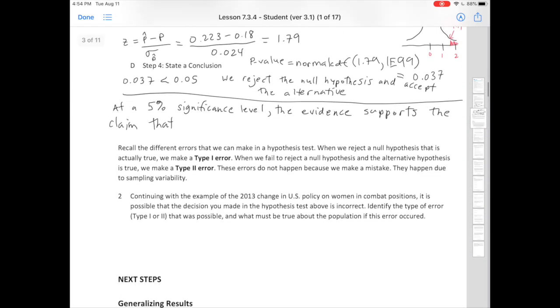So the proportion of men in the U.S. who, it's disapproved, right?